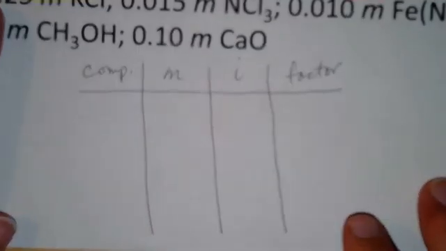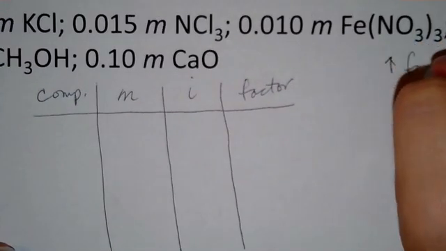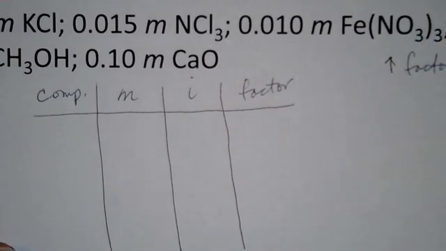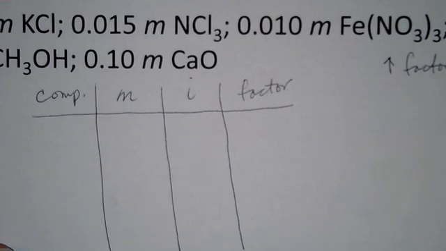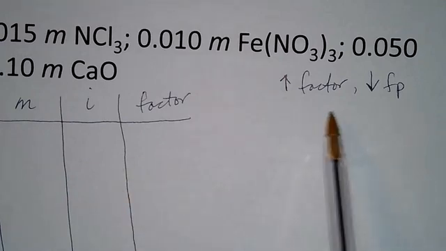Alright, so once we get our table filled out, we're going to look at this relationship. So let's see what we have first. We have KCl, that is a 0.25 molal solution. KCl has an I value of approximately 2.